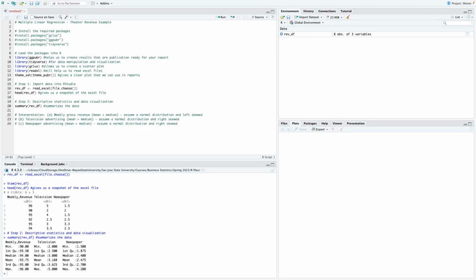And then also on average, the company spends $2,475 on newspaper advertising, right? So we could basically say on average, less money is spent on newspaper advertising compared to television advertising. So those are some interpretations you could also have as your descriptive statistics. So please take note of that. I'm just not writing it in our R code here.